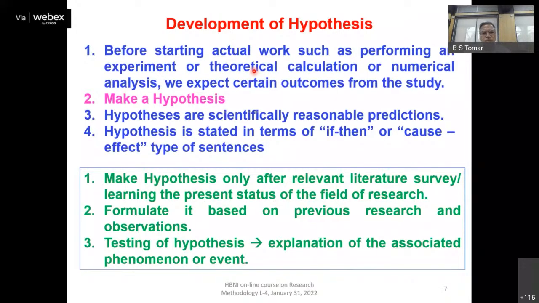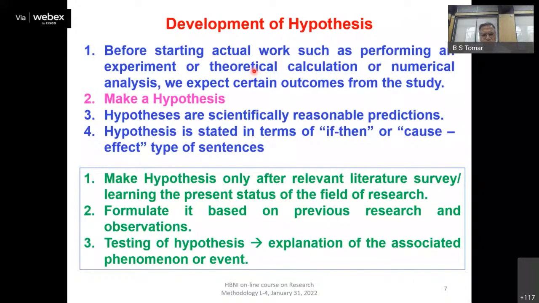If you are going to start a research based on a hypothesis, first you do an extensive survey of your relevant literature, learn the present status of the field of research, and then you make the hypothesis. Because it may so happen that your hypothesis may be invalid if you have not read the research literature properly.